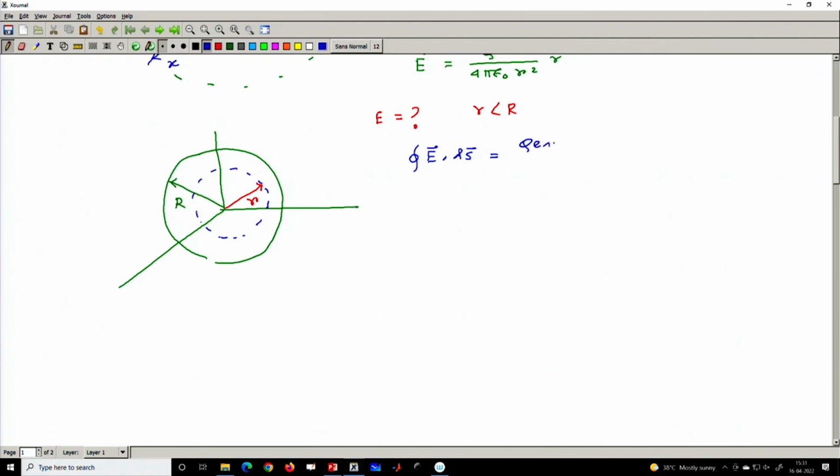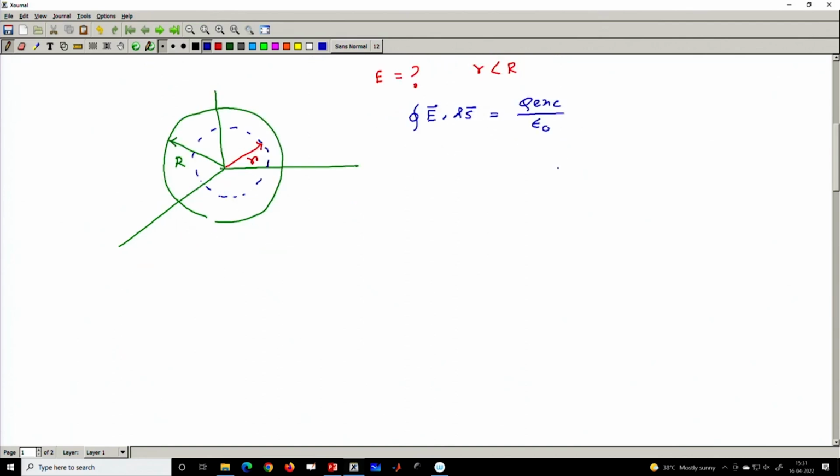You have to be careful enough because now the total charge enclosed is not q, that is the basic difference we are going to have here. So it should be E times 4 pi r square, this is the area, and then the charge enclosed I can calculate, but in order to calculate that I need the charge density. Suppose the total charge q is uniformly distributed in this sphere.